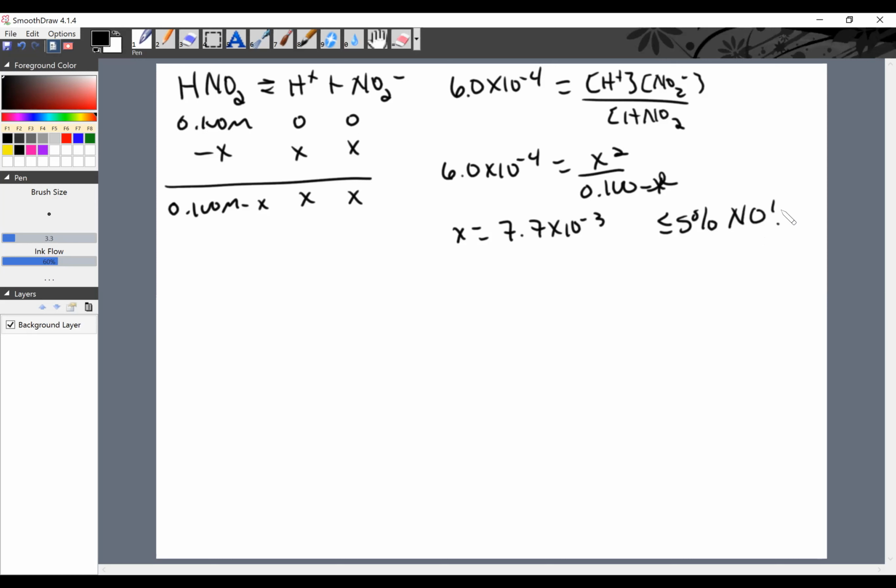All right, so all I've done right now is rewrite everything I had before. This is the way we're going to do successive approximations. We are going to plug the answer that we just got in for x back over here. So I'm going to go 0.1 minus 0.0077.